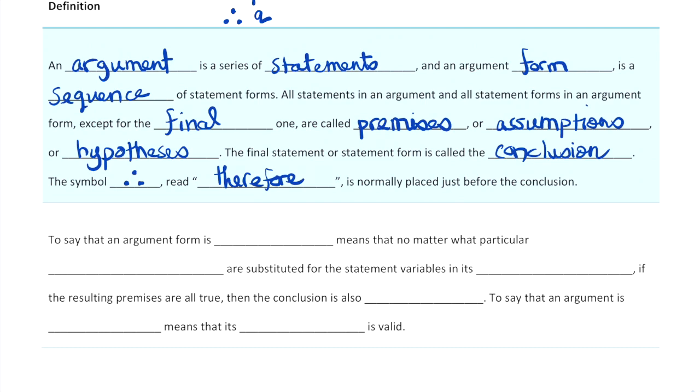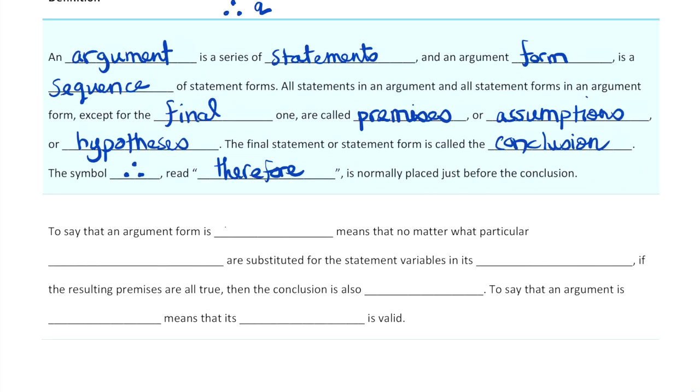All right, so to say that an argument form is valid means that no matter what particular statements are substituted for the statement variables in its premises, if the resulting premises are all true, then the conclusion is also true. To say that an argument is valid means that its form is valid.